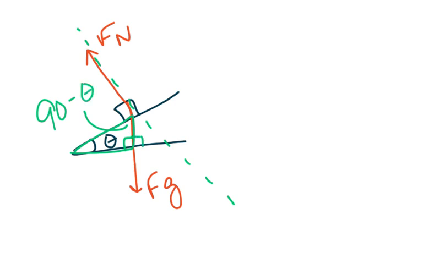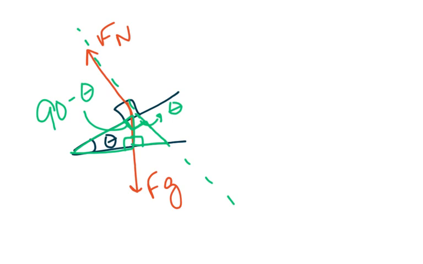I have a right angle here and another right triangle there, which means we also have a 90-degree angle between those two pieces right there. So if this half of the angle is 90 minus theta, then this half has to be theta, because that has to add up to 90.